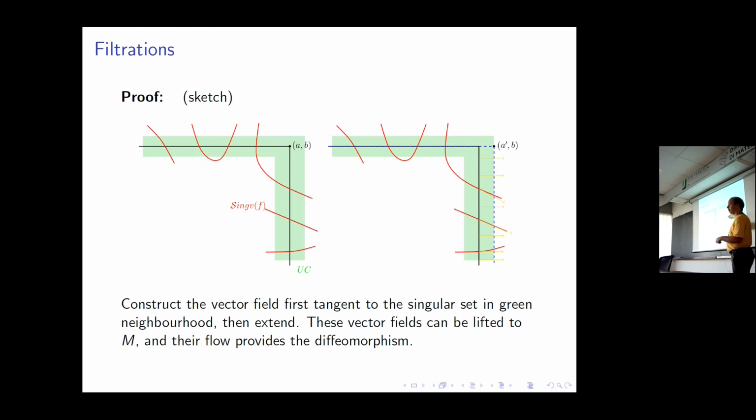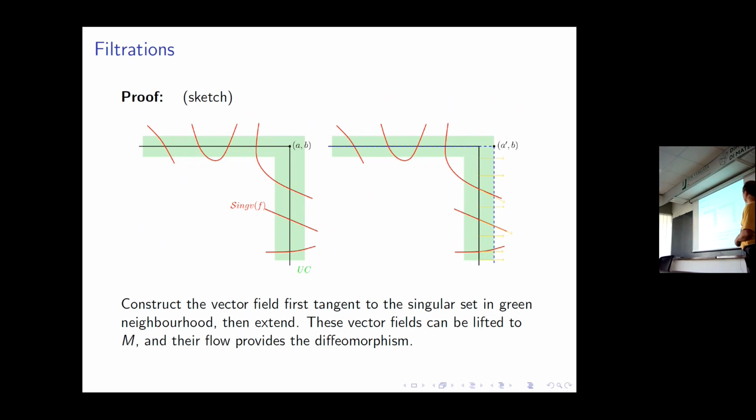And then you use a bump function argument to smoothly interpolate that to a right-pointing vector field along this black edge, and then you can flesh out that whole vector field in the green neighborhood. We don't need it to be moving anything over here. So the vector field basically dies off as you move to the left end of this green brick here.